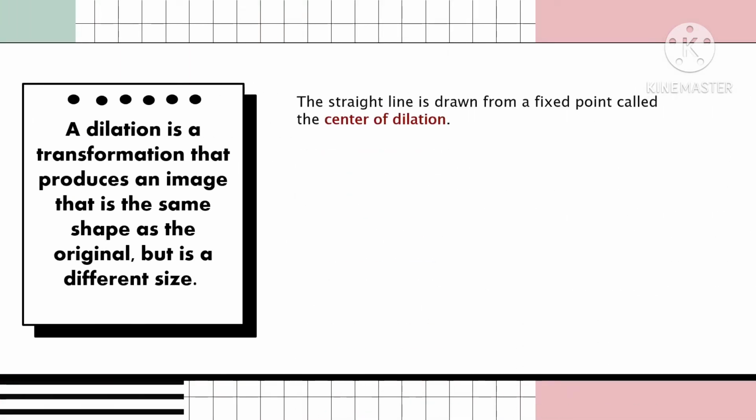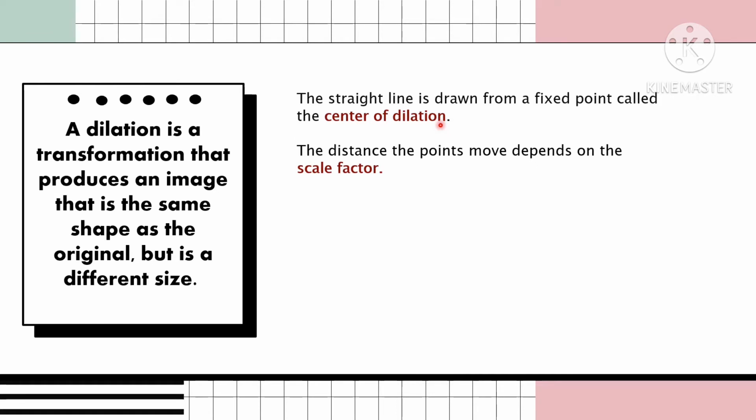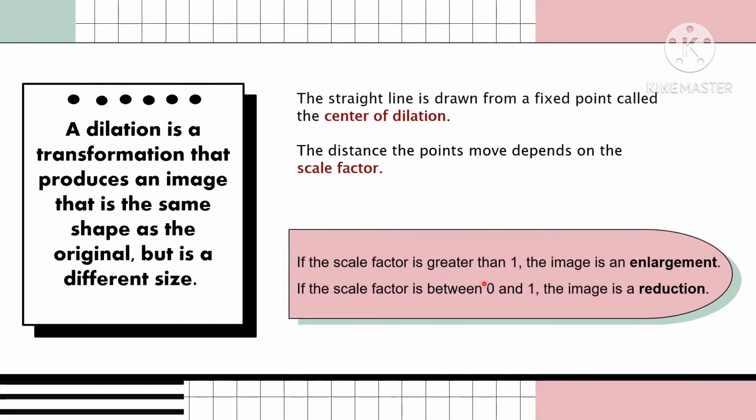Also, we can see that dilation has its own fixed point called the center of dilation, and the distance the point moves depends on the scale factor. If the scale factor is greater than 1, the image is an enlargement. If the scale factor is between 0 and 1, the image is a reduction.